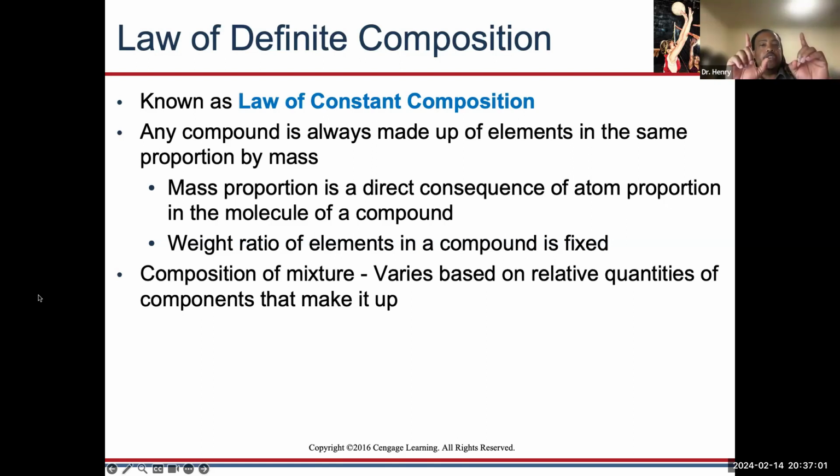And those masses are always going to be proportional. So whether I have a ton of sodium chloride or a teaspoon of sodium chloride, the mass of the sodium to the chloride is always going to have a proportionality to them. Okay? And so that's going to be the law of constant composition.